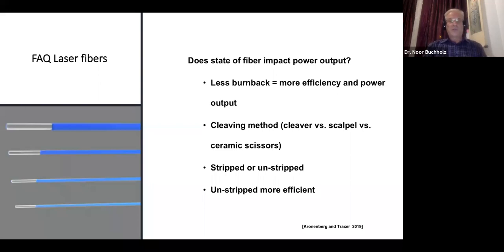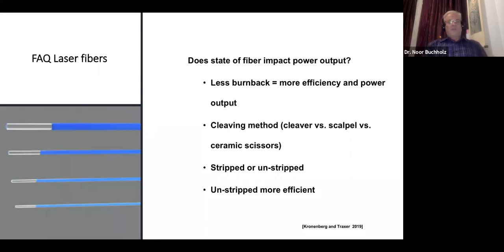Some people use a scalpel, some people use ceramic scissors, and especially Traxa showed not very long ago, in 2019, that it doesn't make a difference. It may make a difference for the first 3 to 5 shots, but after that, however you cut your laser fiber, you will have the same result.